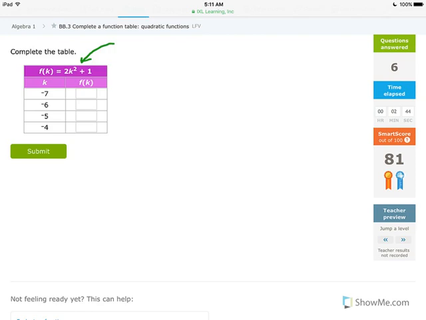So the first one, we have an input of negative 7. So negative 7 will go into the function. So we have 2 times negative 7 squared plus 1. Negative 7 times negative 7 should be 49.